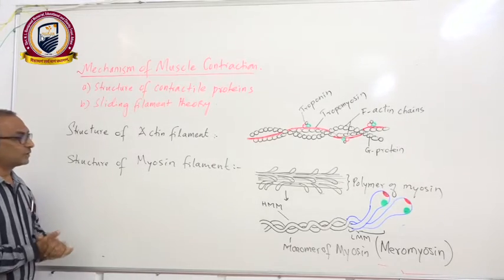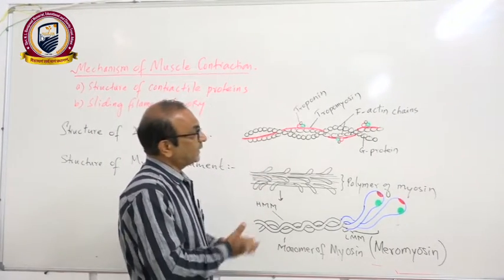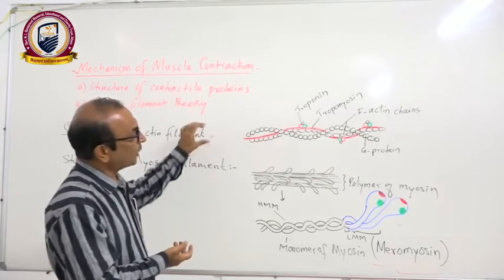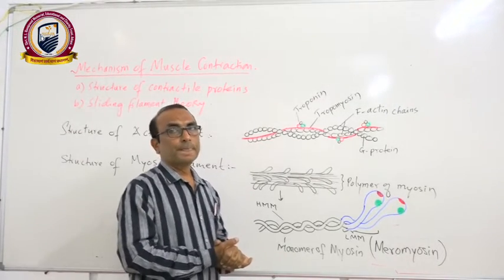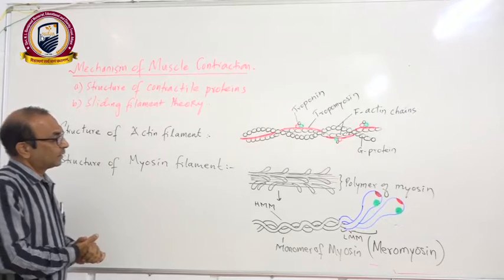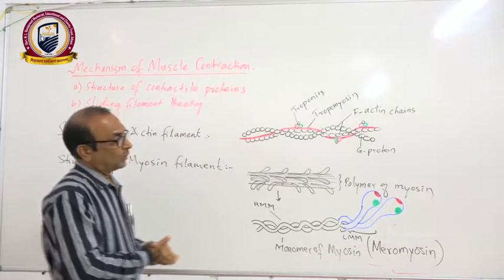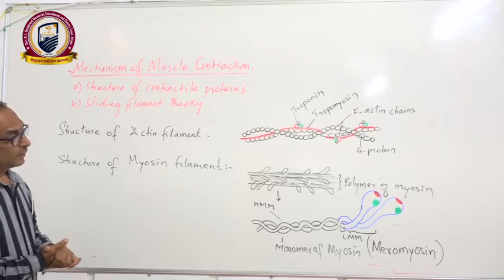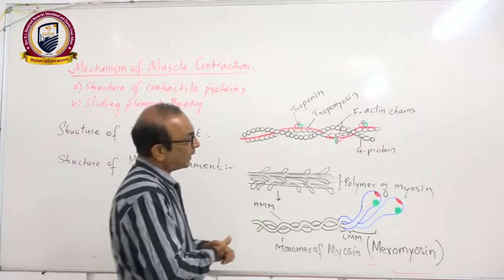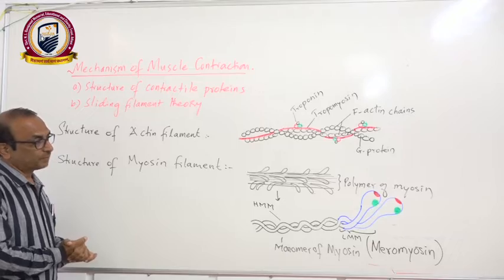Let's take up the structure of the myosin filament. Unlike the actin filament, which is one protein molecule, a double helix, the myosin filament is a polymer. Many protein molecules combine together forming a polymer of proteins.